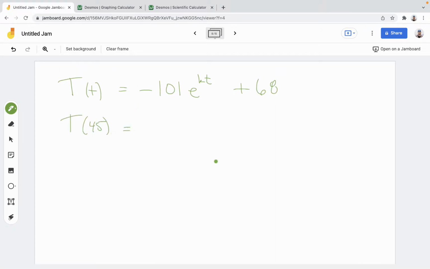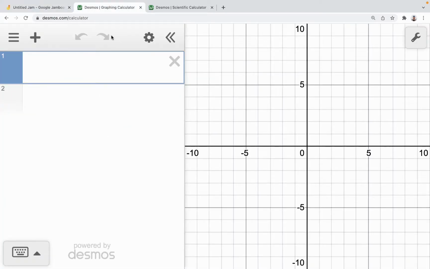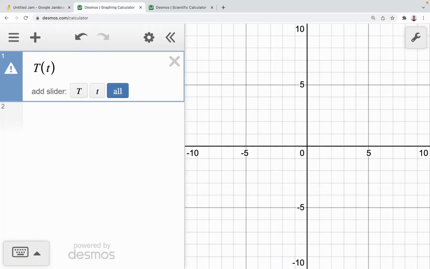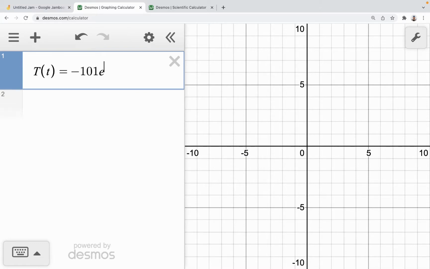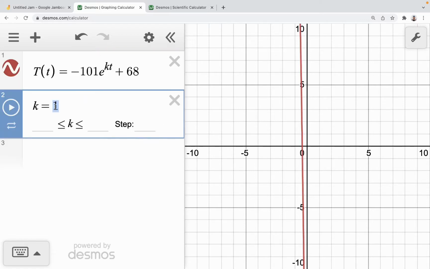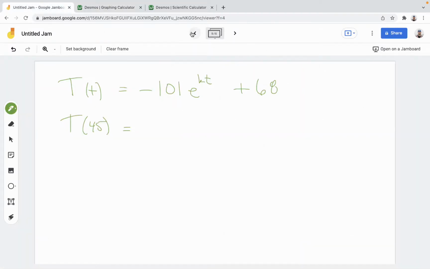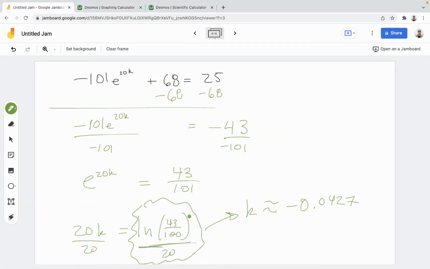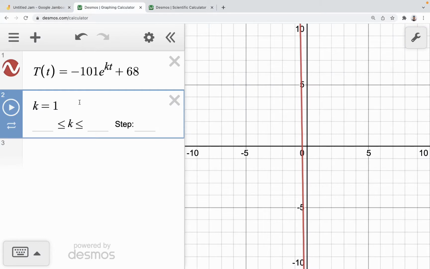Now is where it really helps to use the Desmos graphing calculator. I'm going to define my function. I'm going to put k here and I'll define that in a separate line. I can add a slider for k, and now I can set k to be ln of 43 over 101, divided by 20.